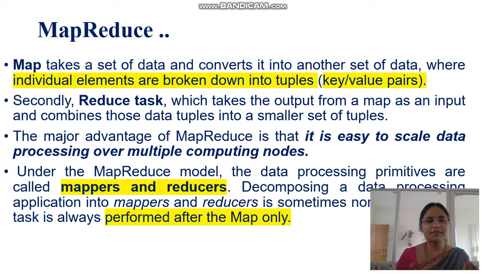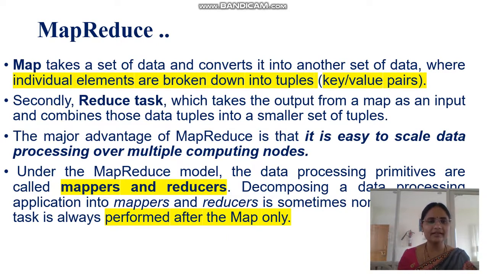MapReduce, as the name indicates, consists of the mapper and reducer. In this model, these are the two data processing primitives. The mapper takes a set of data items first and converts them into another set of data items based on key values.